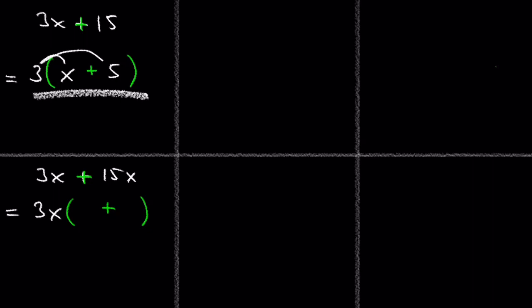And ask yourself, 3x times what is 3x? And 3x times what is 15x? Feel free to pause the video and try it yourself. 3x times 1 is 3x and 3x times 5 is 15x.